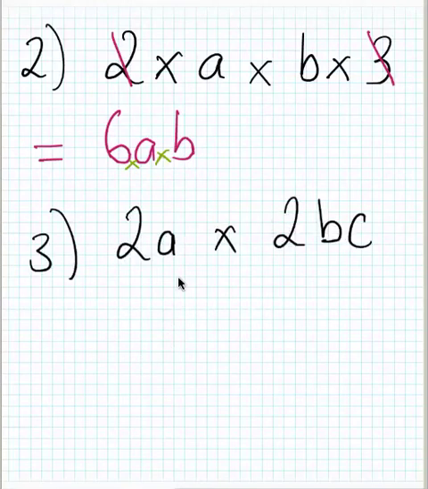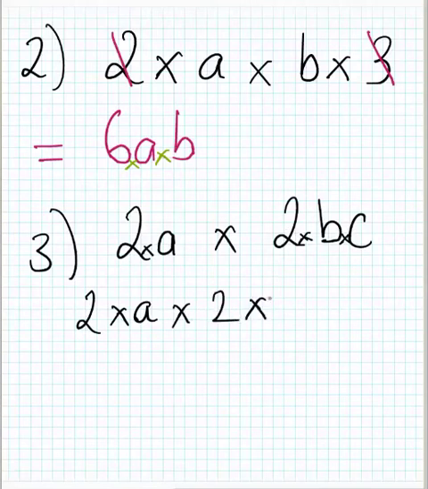Now with question 3, we're doing the exact same thing. And don't forget, if this is confusing you having 2B and C together and 2A together, don't forget there's an invisible times in between everything. So question 3 can be written like this: 2 times A times 2 times B times C. We can actually write it out like this.